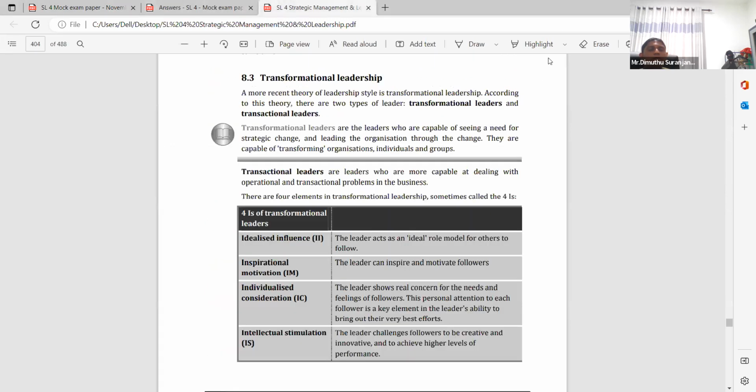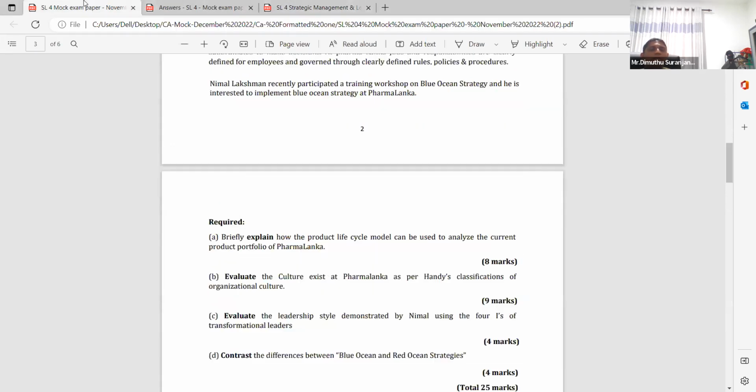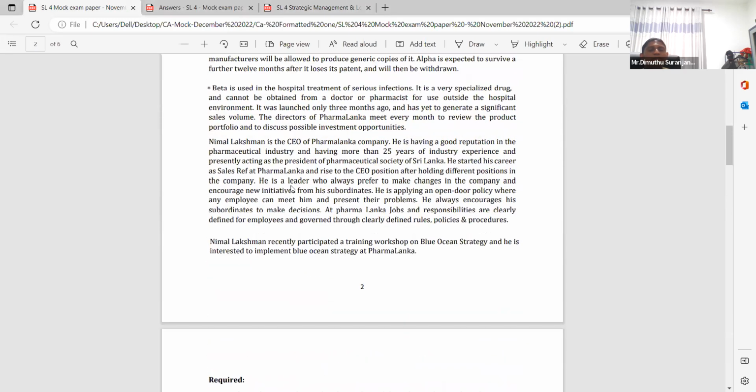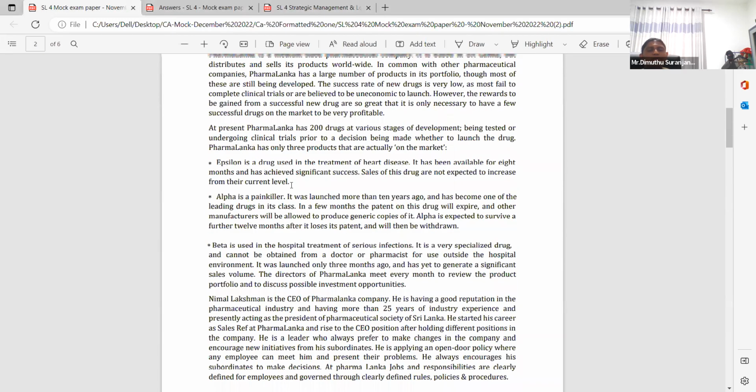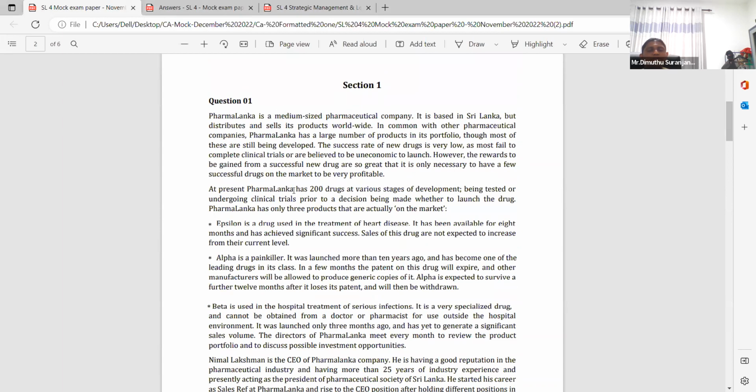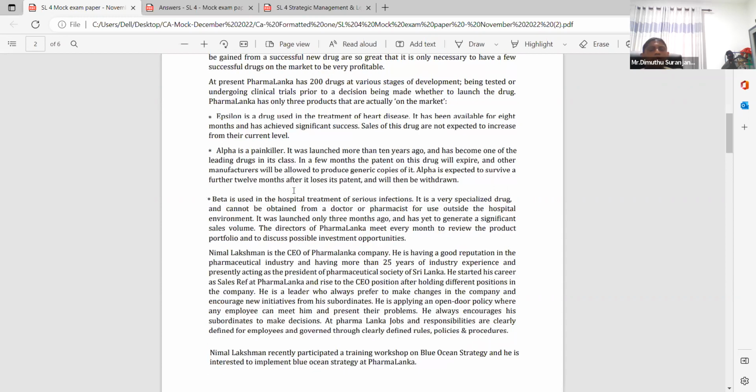Then intellectual stimulation. Initiatives, I think it was mentioned, initiatives taken by the organization.